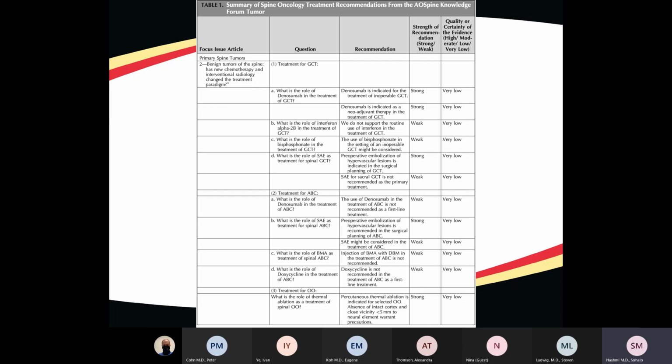And this is a drug that has changed the management of giant cell tumor in the appendicular skeleton, but for the axial skeleton spine, it also seems to have a significant amount of effect. There is also a propensity to look at what the role would be for denosumab in the treatment of aneurysmal bone cysts. However, it does not seem like it is a first-line agent when we look at those.